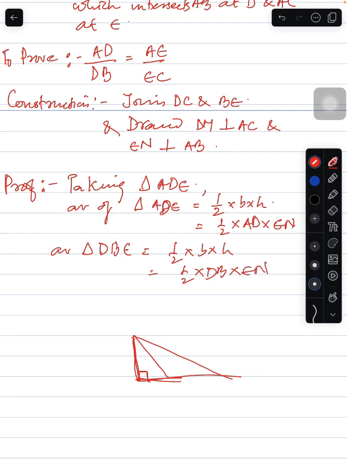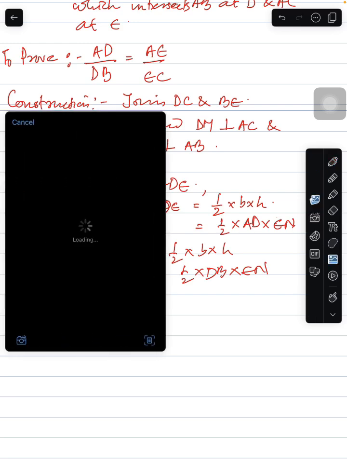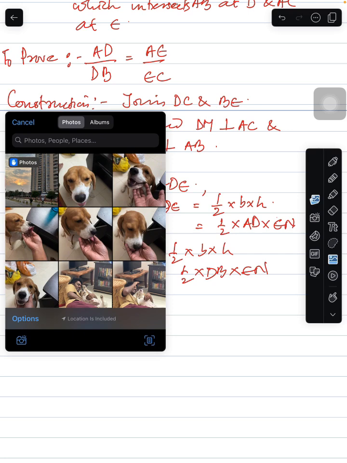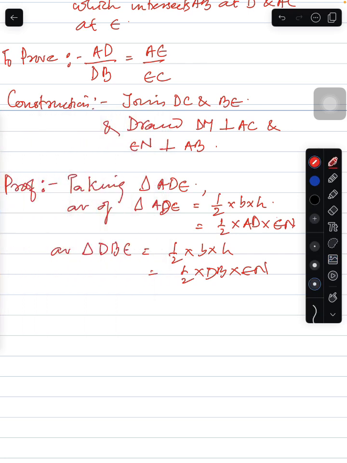Okay, understood. Now what you would have to do is find the ratio of these two triangles. This is one, this is two.